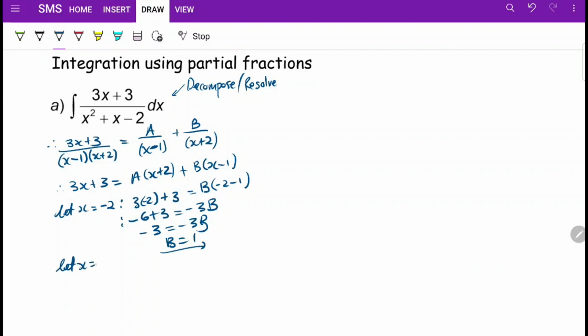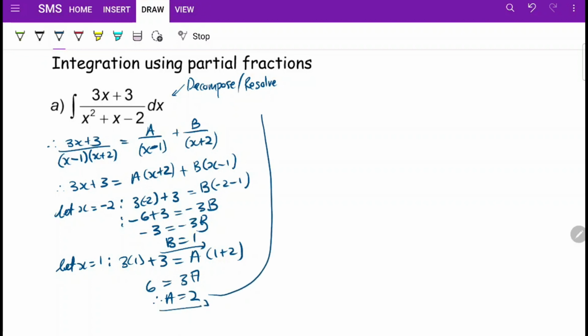We can let x equal 1. By letting x equal 1, we can eliminate B. So this becomes 3 times 1 plus 3, equaling A times 1 plus 2. This side will give you 6, and this side will give you 3A. Therefore, we come to the conclusion that A is equal to 2.